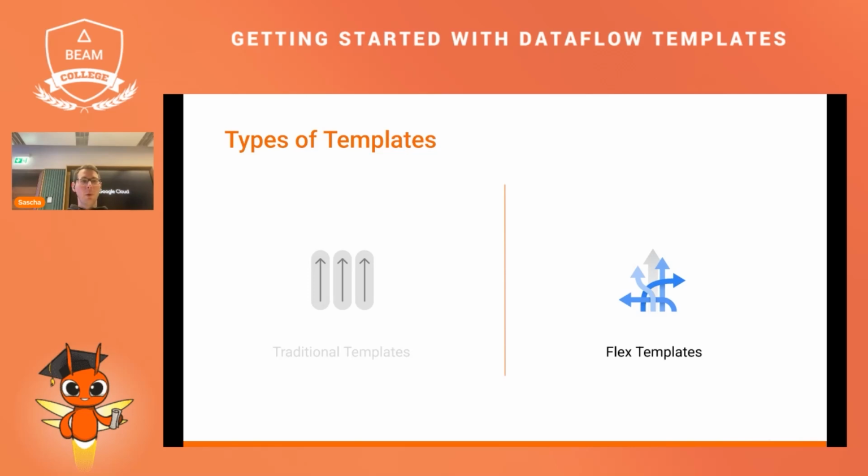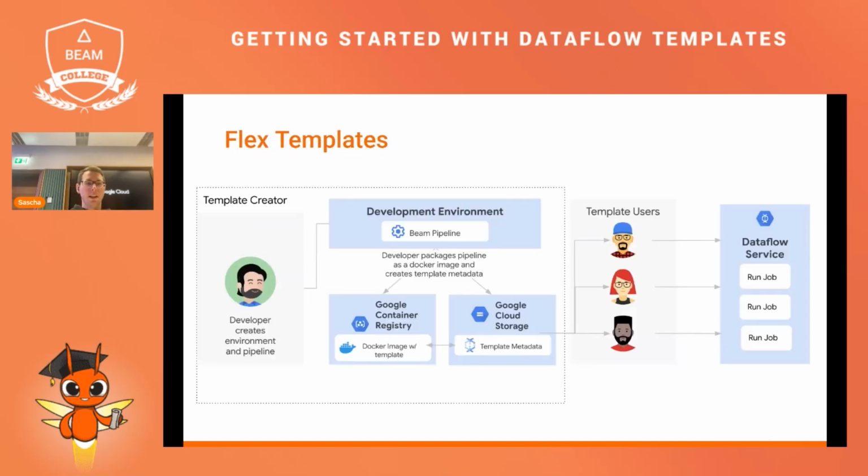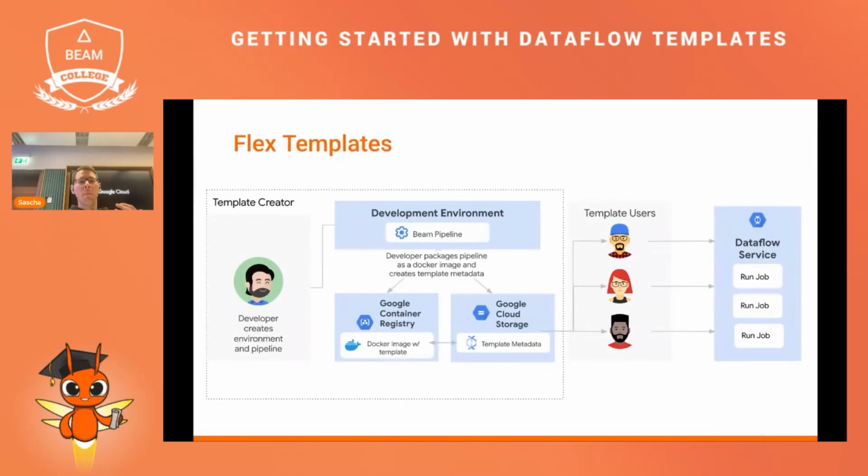The second type of template is the flex template. The development flow here is a little bit different. A person develops a pipeline, tests it, and is fine with the results.